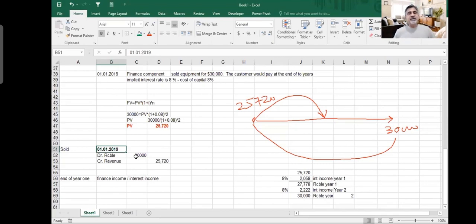Do you believe he will pay you 30,000, although he has an invoice of 30,000 to be paid after 2 years? If you are the customer, should you be paying 30,000 in 1 week's time? If I'm paying today, I did not use this credit facility for 2 years. Why should I be paying 30,000? Does it make sense?